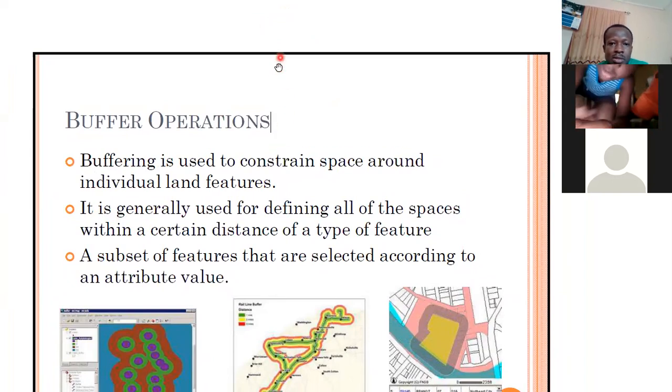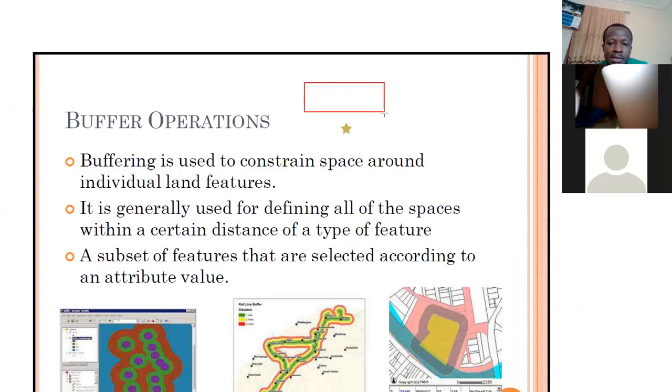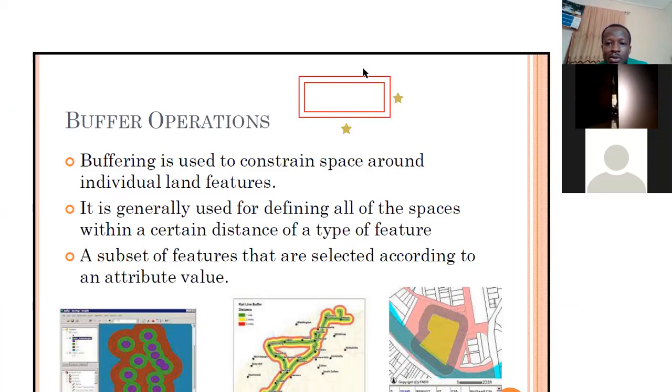Okay, an example is when you want to do a farm belt. The farmers have what they call the farm belt. So if you have a farm that's looking more like this, you can do a buffer around it like that. What it means is that you are creating some space around the farm, so that when there's a fire outbreak, you are not going to be affected.